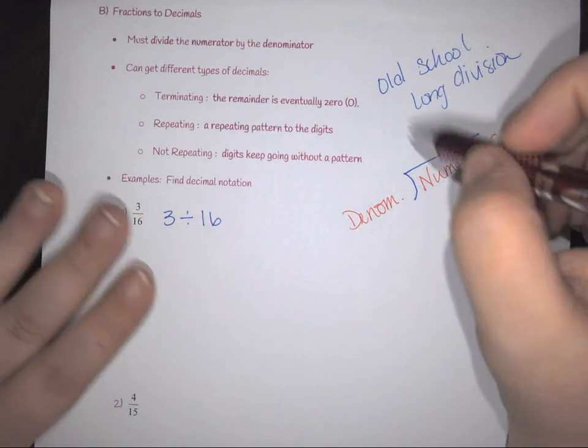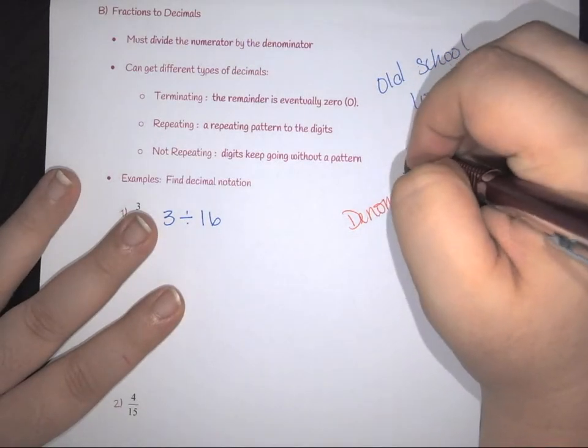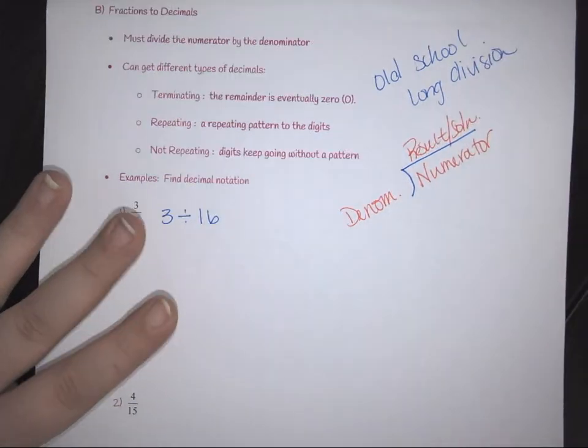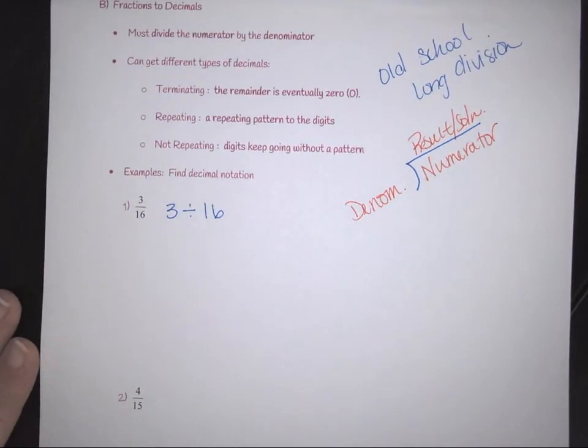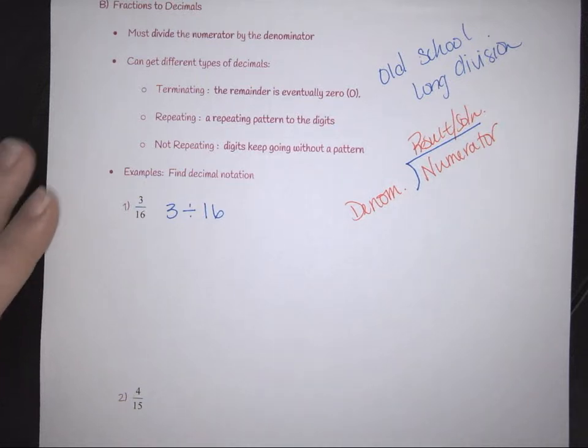Okay? And then of course up on the top here would be your result or solution, depending on how you want to phrase it. So that is your setup for your long division.